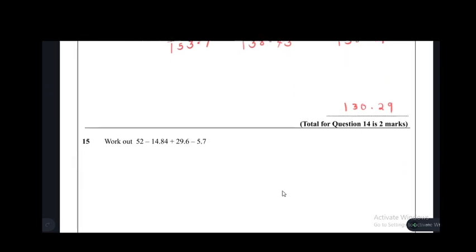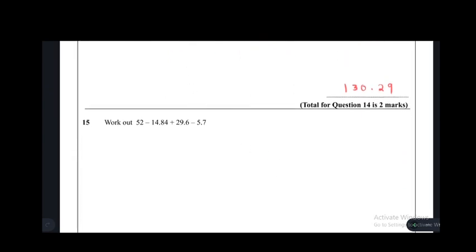So the next number gives us a 52 take away 14.84. So I'm gonna start with a 52 and then a 14.84. So remember, this one is like 0.00 because it has no decimal point, and then I am subtracting.